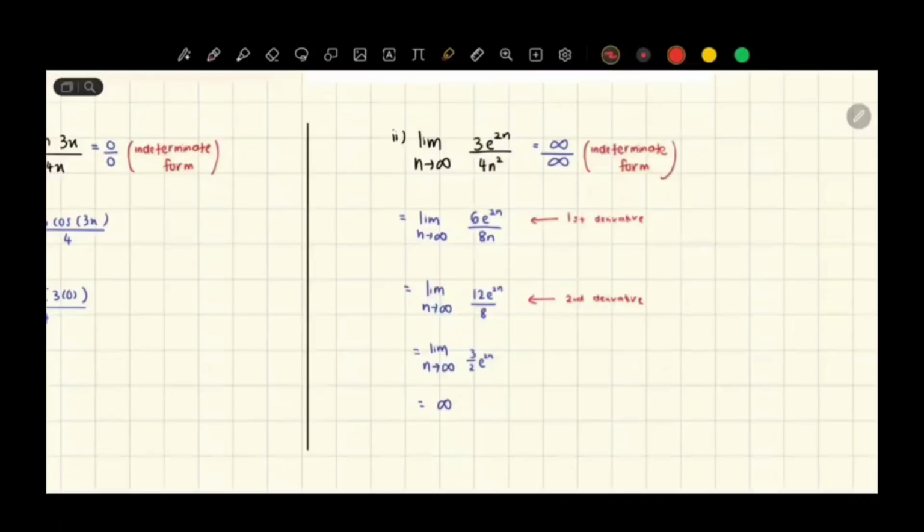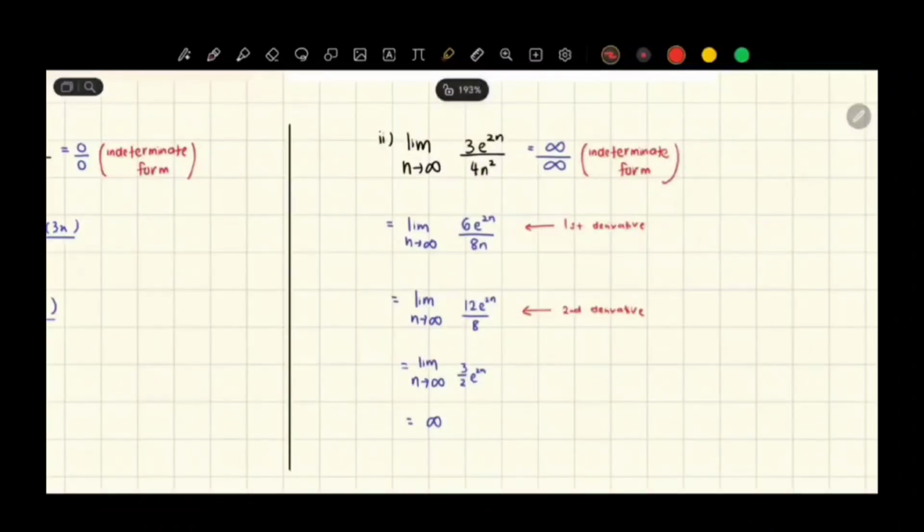So the second question is limit of 3 to the power of 2n over 4n squared as n approaches infinity. The first step is we need to substitute n with infinity. As n goes to infinity, the exponential term will become extremely large, so the numerator goes to infinity.